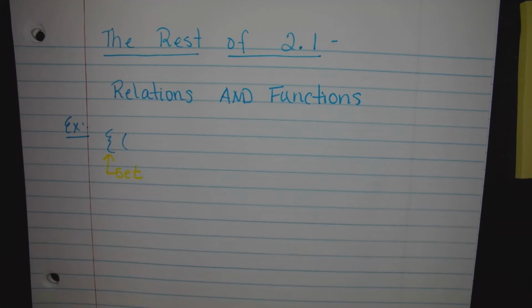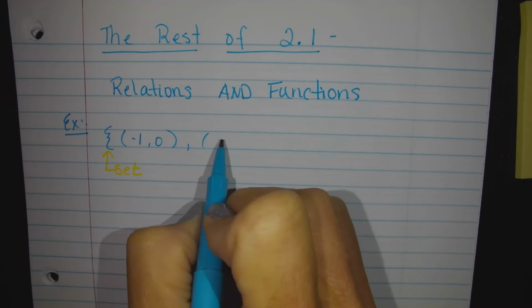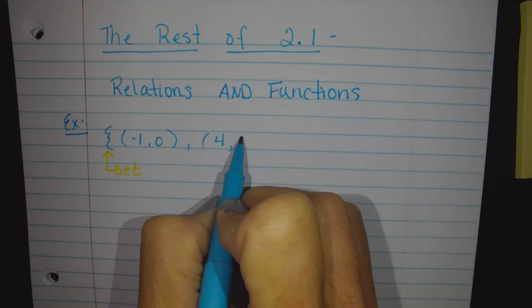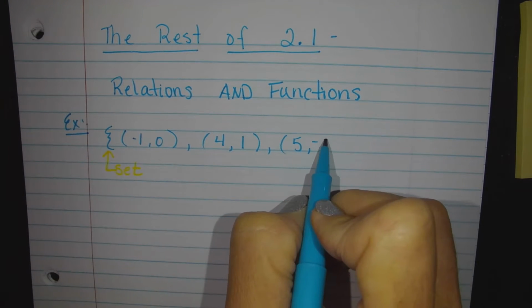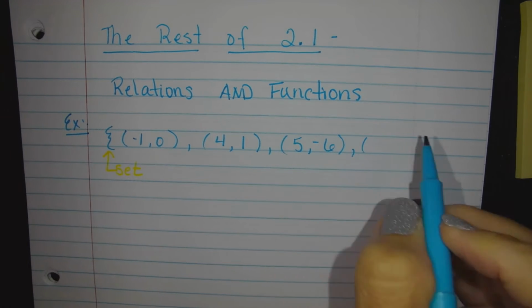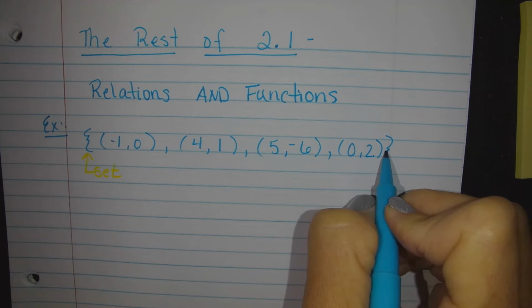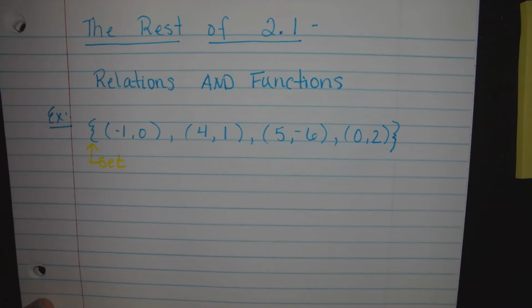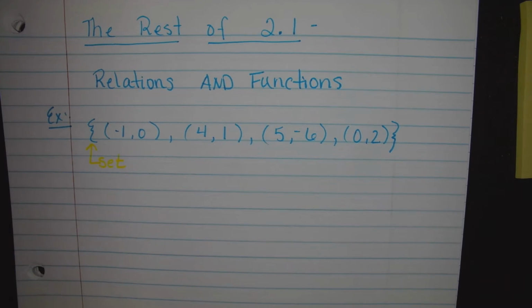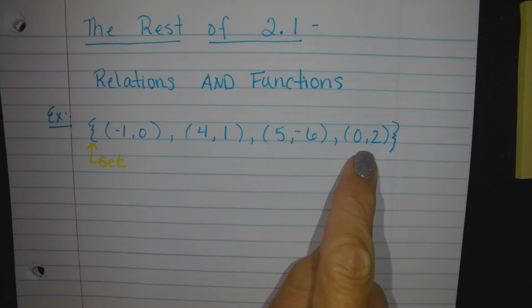All right, so I'm literally making this up as I go. -1, 0, 4, 1, 5, -6, and 0, 2. This is a set of points. How many points do we have? 4. Right. 1, 2, 3, and 4.